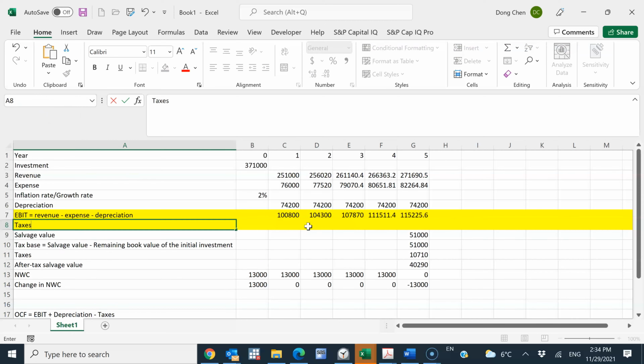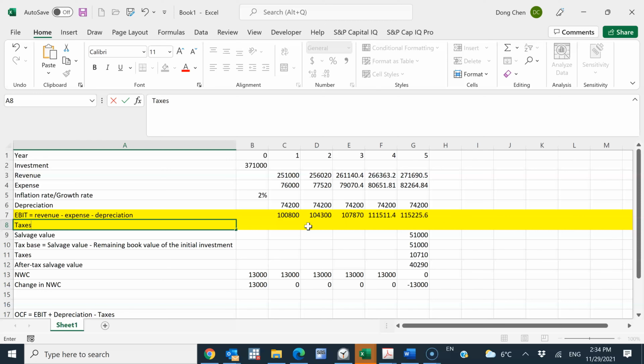Normally, EBIT means earnings before interest and taxes, right? So normally we need to deduct the interest from EBIT to arrive at EBT, which is earnings before taxes, and then taxes will be based on EBT. But in capital budgeting, we incorporate the impact of the interest expense not into the cash flow estimation, but into the discount rate estimation.